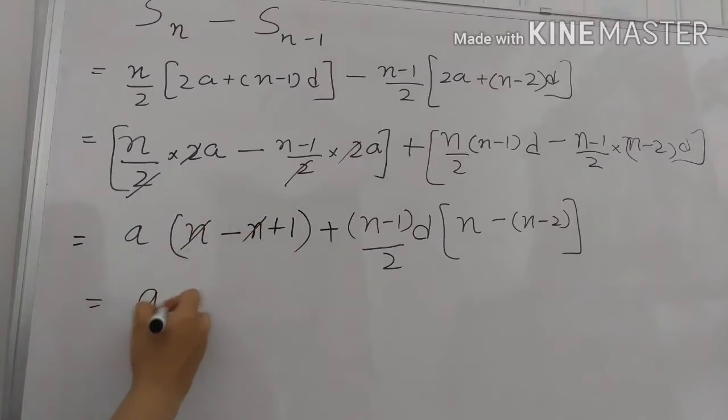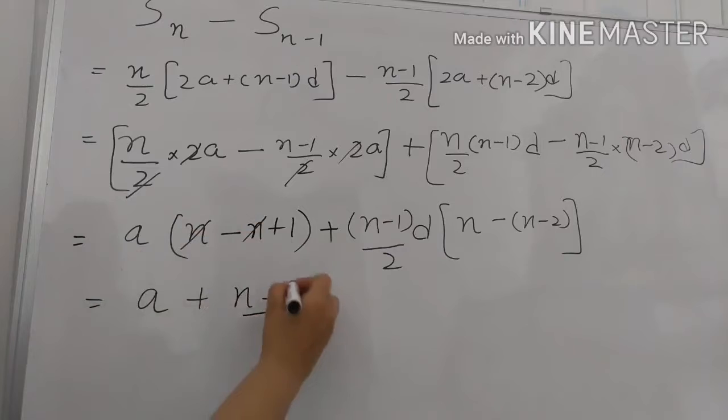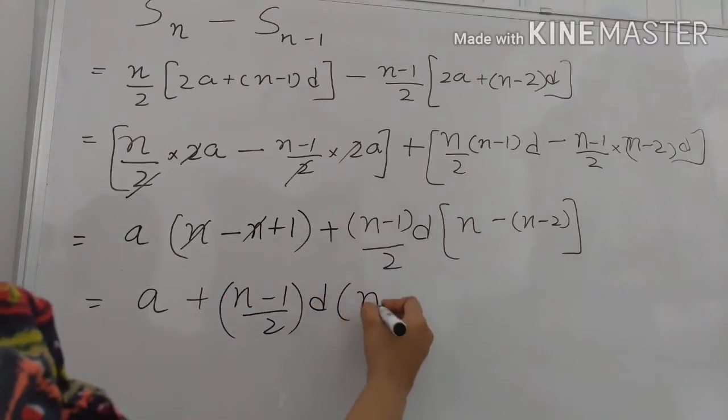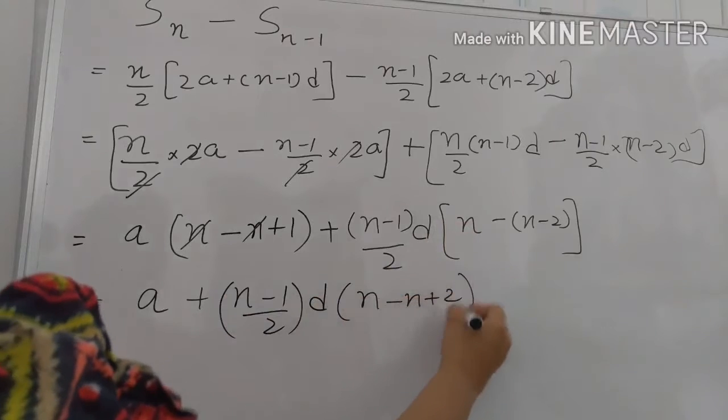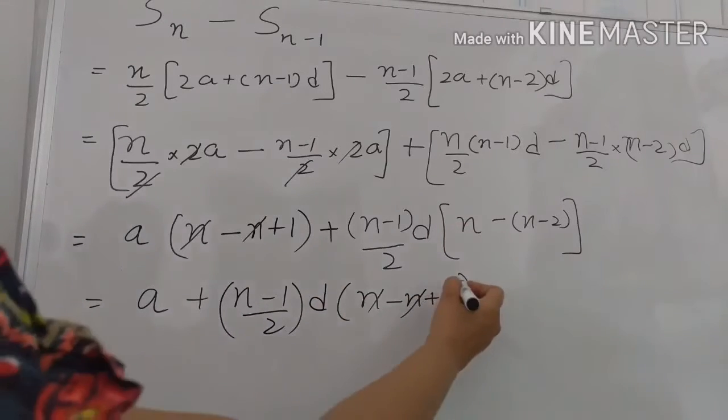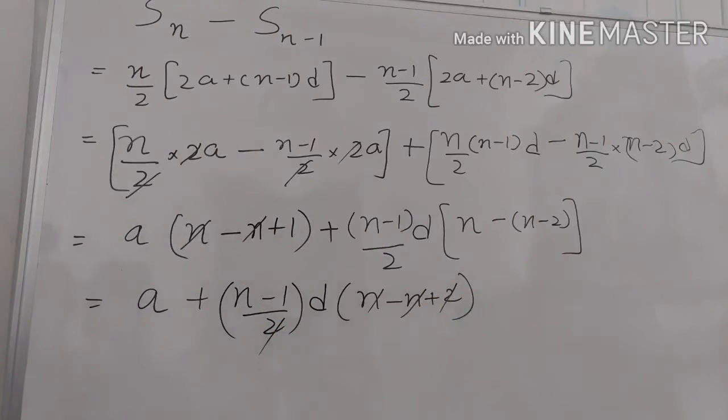So only a left: a plus (n minus 1) by 2 into d, and here n minus n plus 2. So this minus n plus n cancelled, and this 2 also gets cancelled with this denominator. So we are left with a plus (n minus 1) into d.